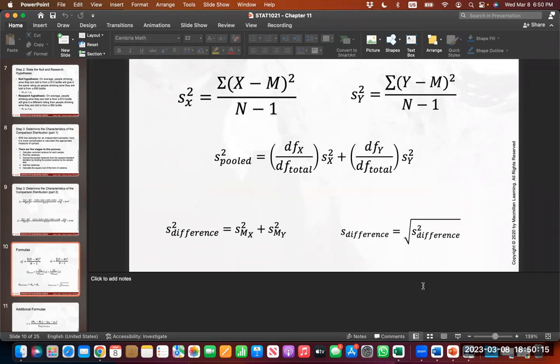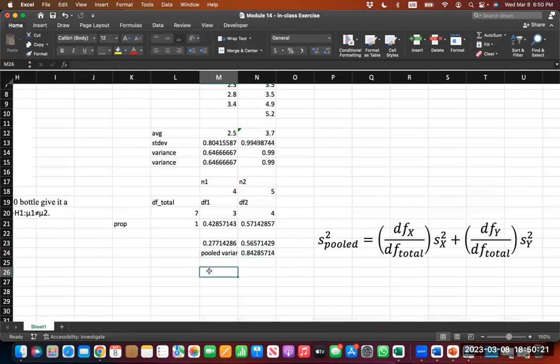So our SM is basically this multiplied by this proportion.